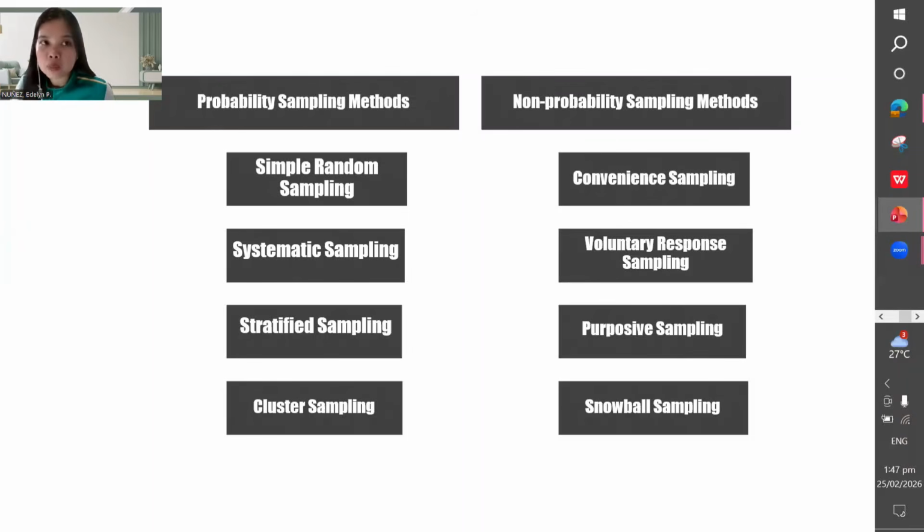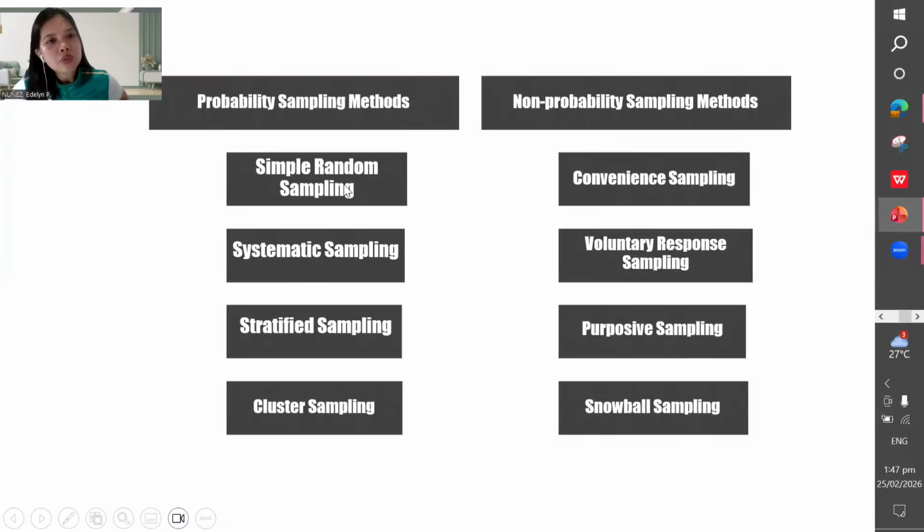Then when we have the non-probability, you will just go to SLSU without the list, and whoever is available, you let them answer the survey. So that's the difference between the two. Sometimes, even though you're doing non-probability, you will mention, oh, that's a random sample. But actually, those are not a random sample.